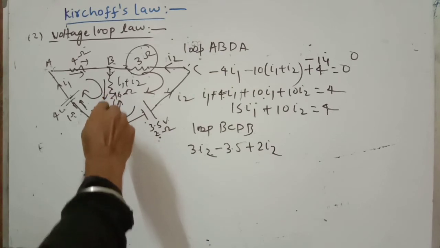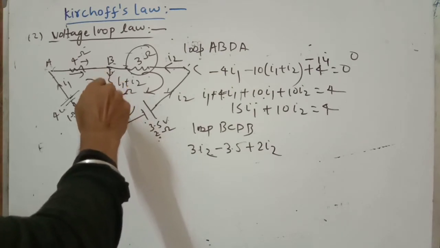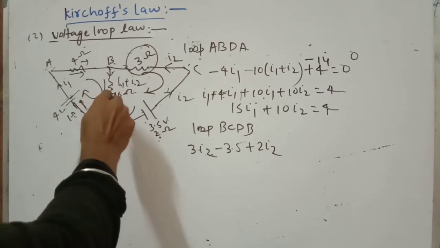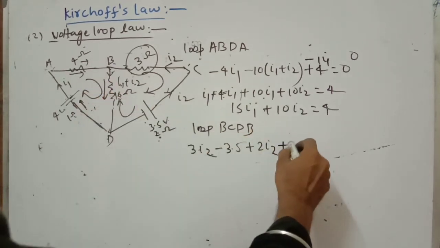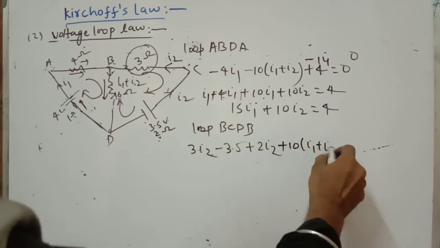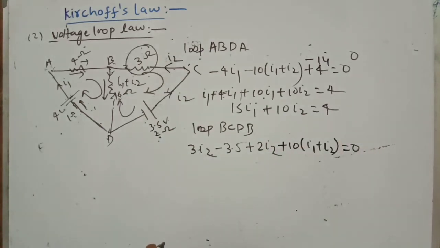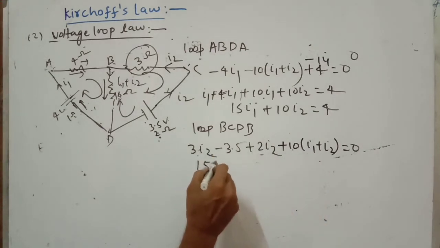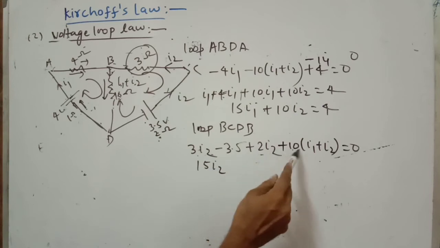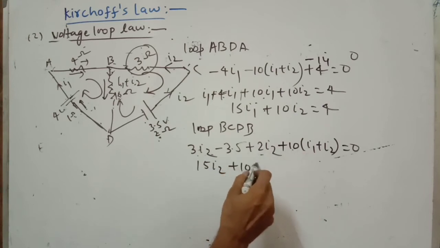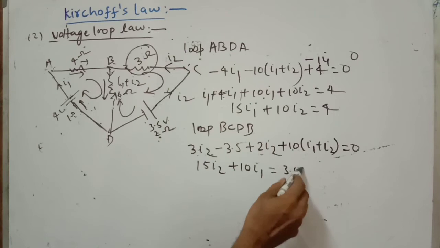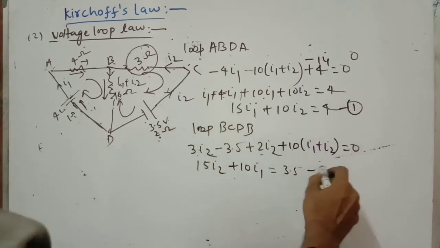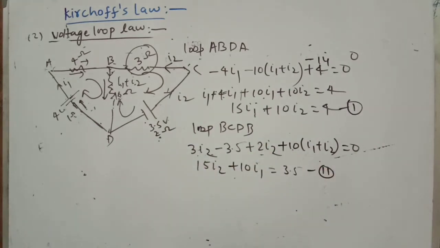Your considered direction is also opposite to the current flow through the 10 ohm, so the potential difference across 10 ohm is positive, 10(I1 plus I2), equal to 0. So overall 3I2 plus 2I2 plus 10I2 becomes 15I2, and then 10I1, equal to 3.5. So we can simultaneously solve these two equations and get I1 and I2.